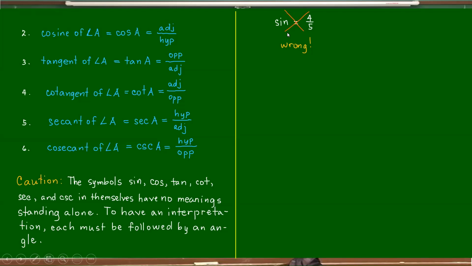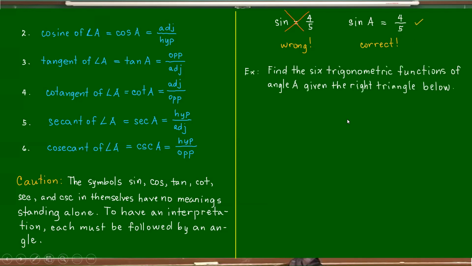So be careful in writing a trigonometric function if you have a value. Sine is just the name of the function, so to have a value, you have to attach to it the angle, let's say A. Sine A is equal to 4 over 5. That's correct. This is the proper way of writing a trigonometric function value. Sine A, which is equal to a ratio. Okay?